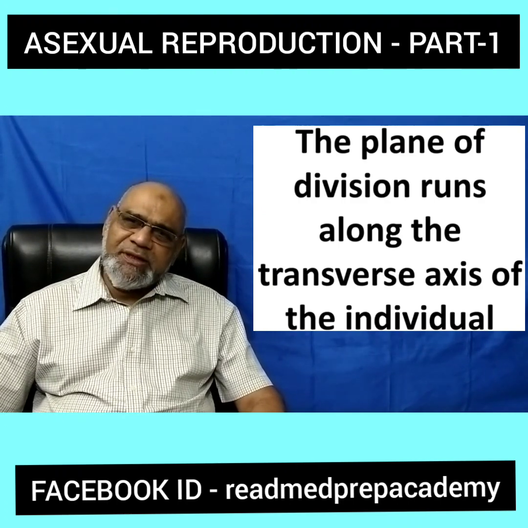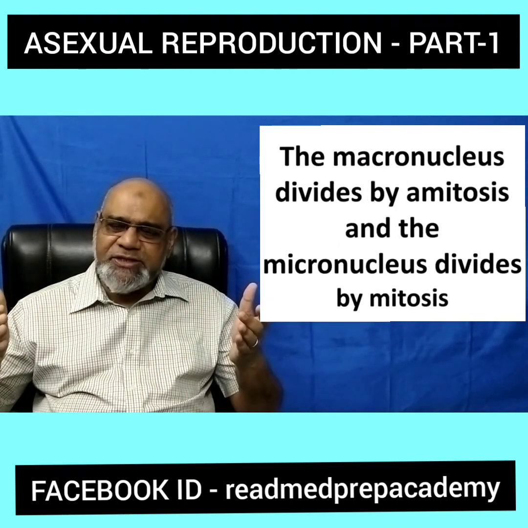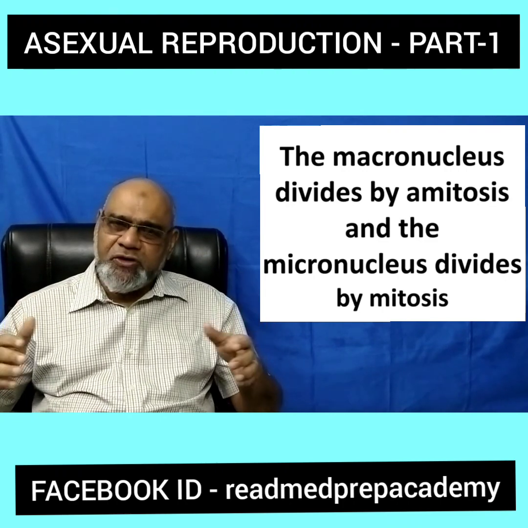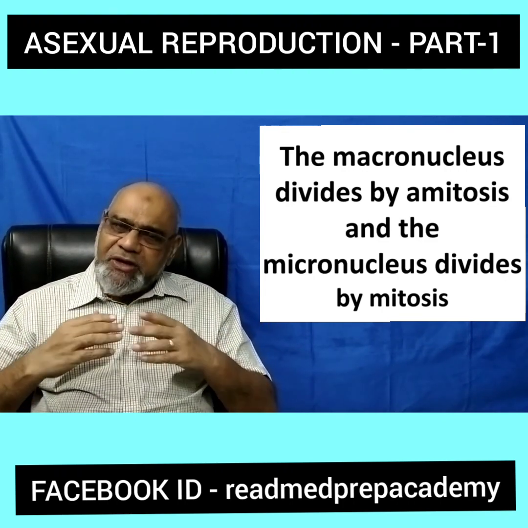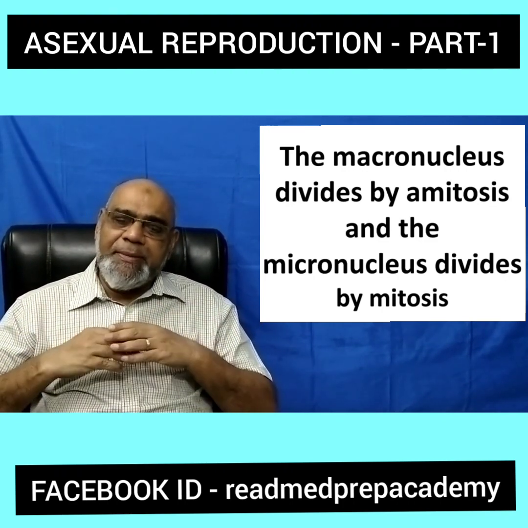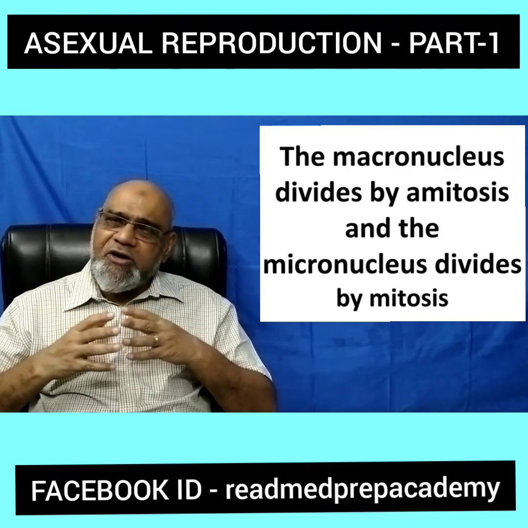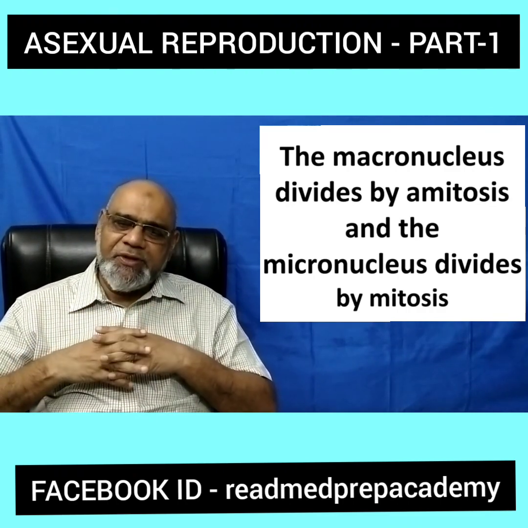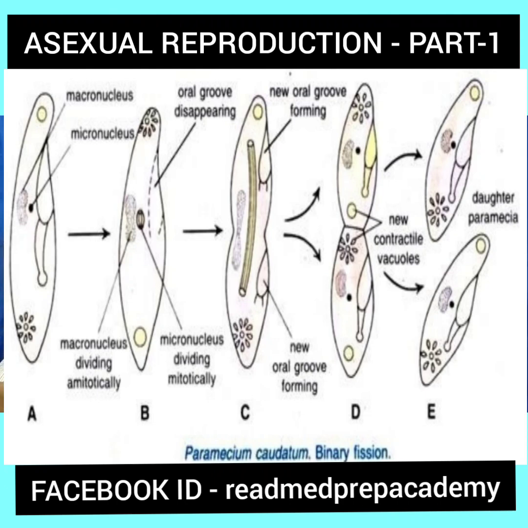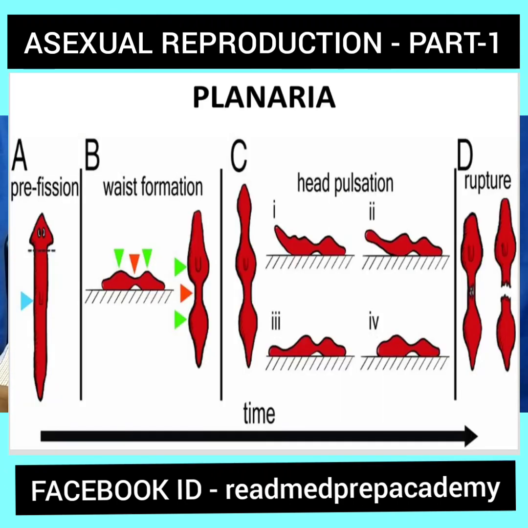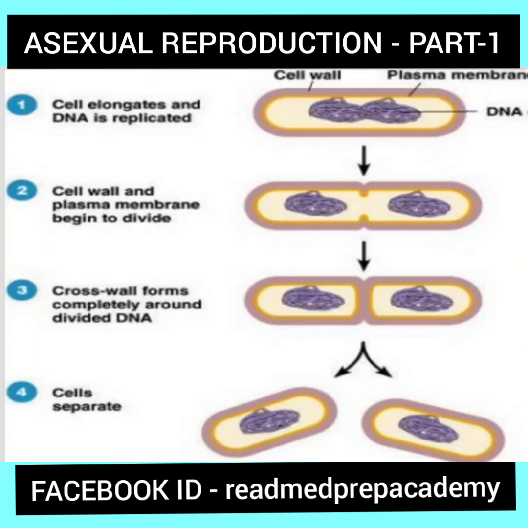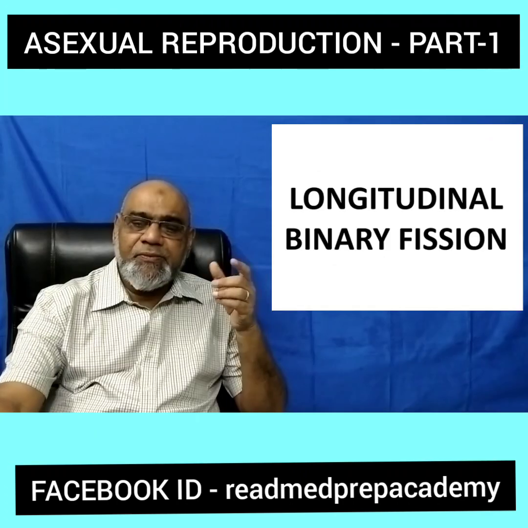The macronucleus divides into two by amitosis and the micronucleus divides into two by mitosis, followed by the division of the cell body. This is seen in animals like paramecium and planaria. We also see such a type of division in bacteria.